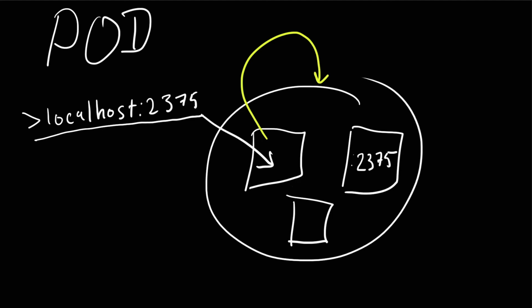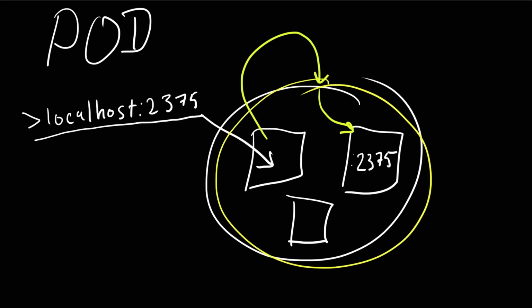Instead, we call our pod as localhost. So now we get a reply from a container that actually shares the port 2375. The entire pod is the same localhost. So if we were to try to run another service on port 2375 in another container, it wouldn't let you. It will just say the socket is occupied or something like that.